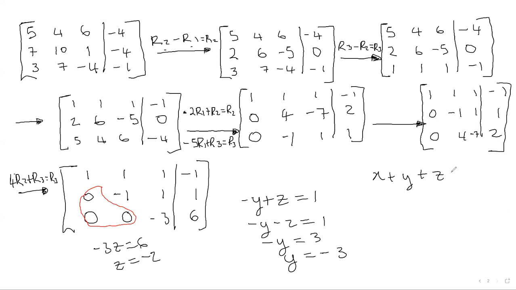That's it. x, my y is -3, my z is -2, is equal to -1. That means x minus 5 is equal to -1. That means x is equal to 4.